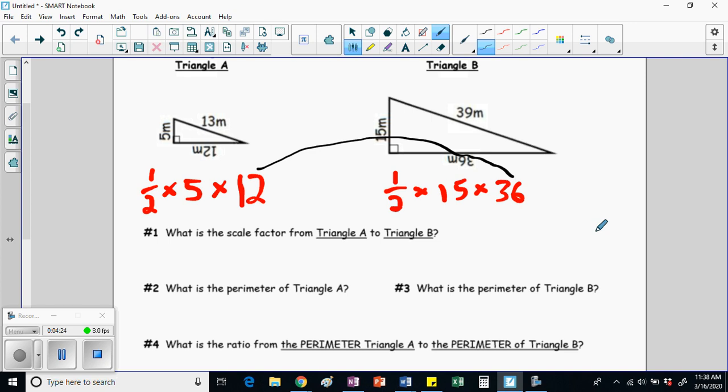When we talk about area of similar shapes, our scale factor is squared. 1/3 squared becomes 1/9. That's why we get such a different result for the areas when our triangles are similar. But if one shape is 5 times bigger, then its area is going to be 25 times bigger. If a shape is 10 times bigger than another one, its area is going to be 100 times bigger. We have to square the scale factor when we talk about area.